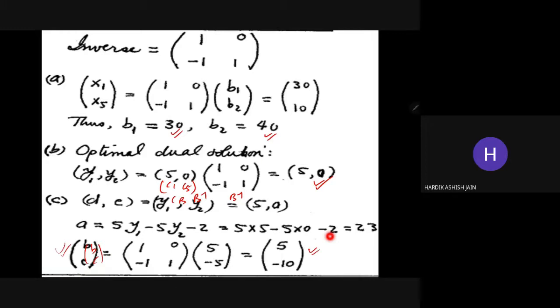So here we have the D, right? So it is the DE. Y1 comma Y2 is 5, 0, right? And E will be 5 by 1 minus 5 by 2 minus 2. Just put the value of Y1 Y2, and you will get 23. Clear?